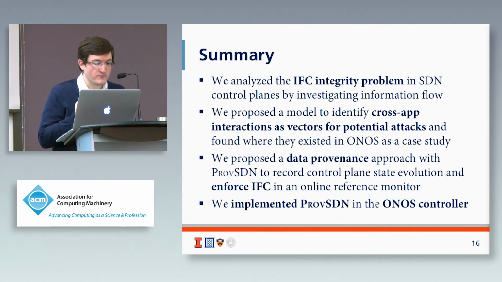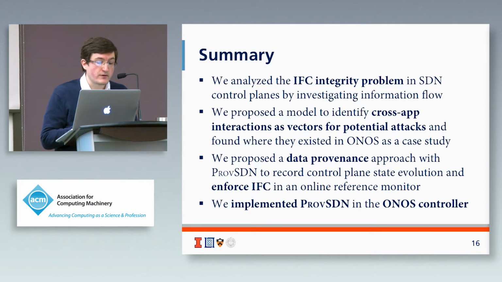So in summary, we analyzed the information flow control integrity problem in SDN control planes by investigating and being able to observe information flow among these different applications. We proposed a model to identify these interactions that apps have through the shared SDN control plane state as vectors for potential attacks and found where they existed in practice using ONOS as a case study.